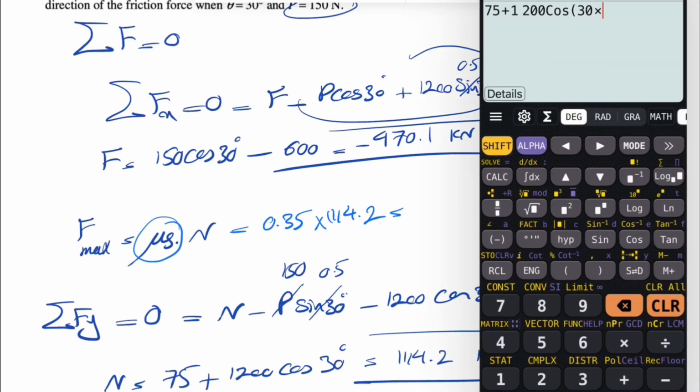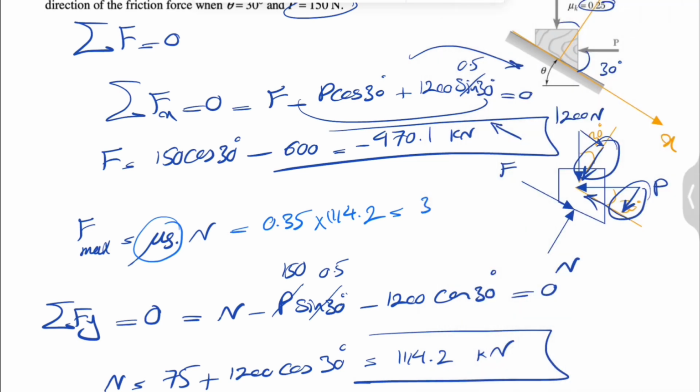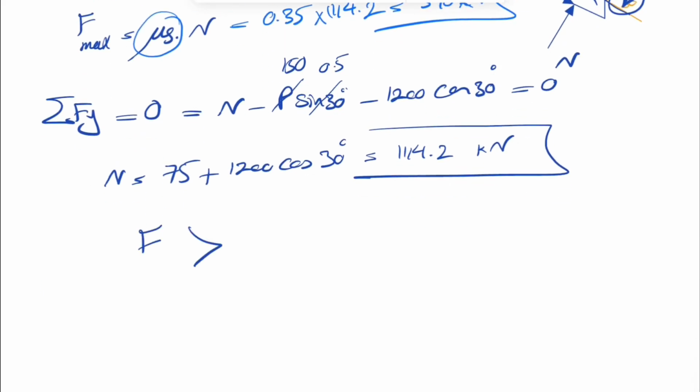Let's see what we get. 1114.2 times 0.35 is going to be 389, or almost 390 newtons. Now if we compare our F with the maximum friction, we can see that our F is greater than the maximum friction, which means the box is actually moving.